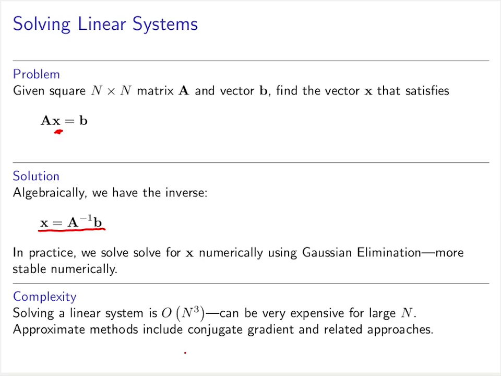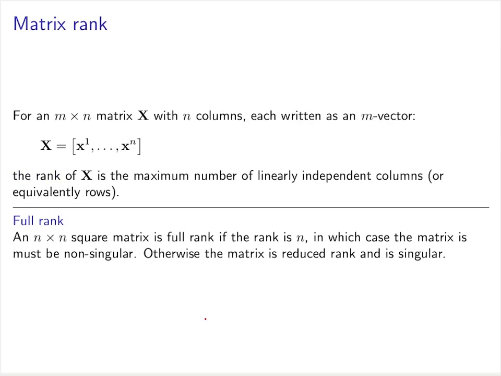Algorithmically, solving a linear system is in the order of n to the third, which is of course rather expensive for large n. Another characteristic number for a matrix is its rank.